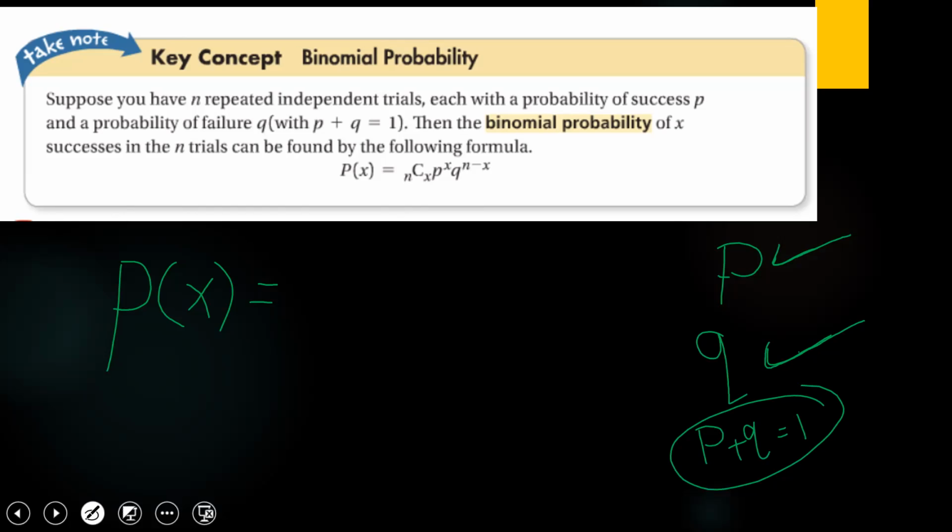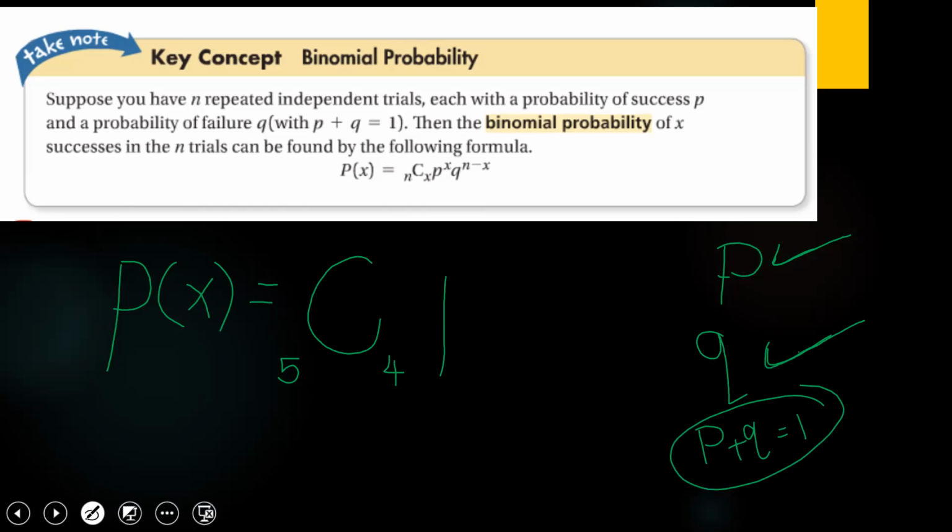Okay, how to write it now? First, if I told you now, what is the probability of getting 4 hits from 5, as an example? You have to write it as C of 4 from 5.